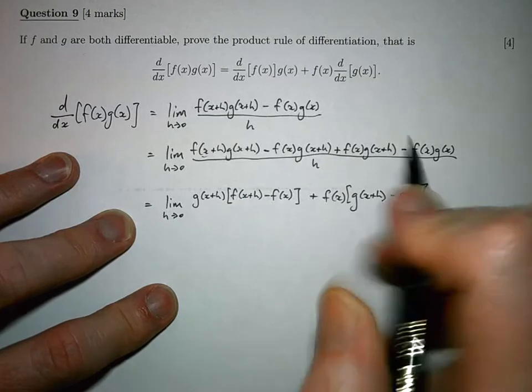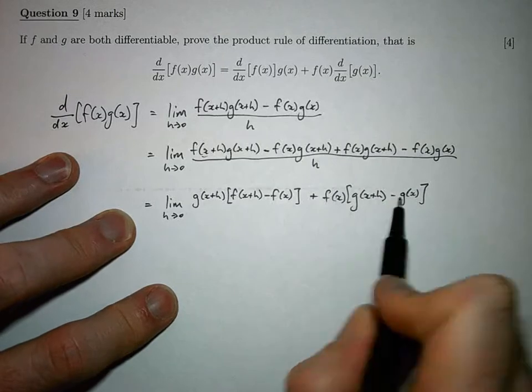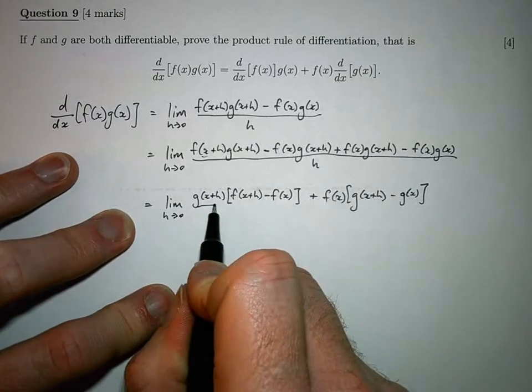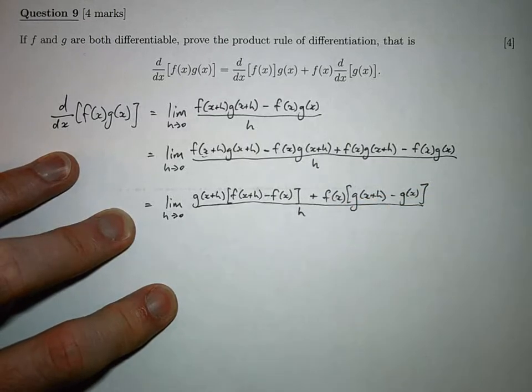And you can see now why we had slightly different terms here, because in the first case we factorized out g of x plus h, and in the second case we factorized out f of x.